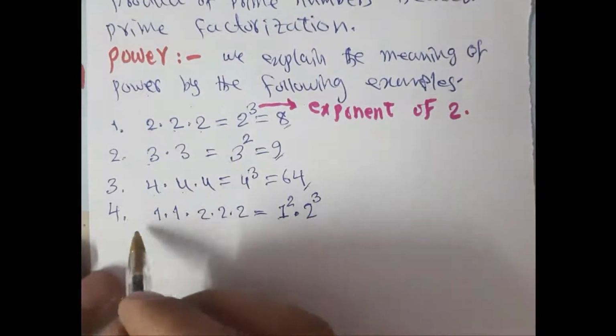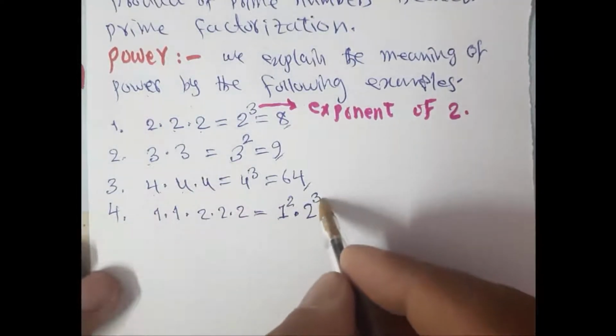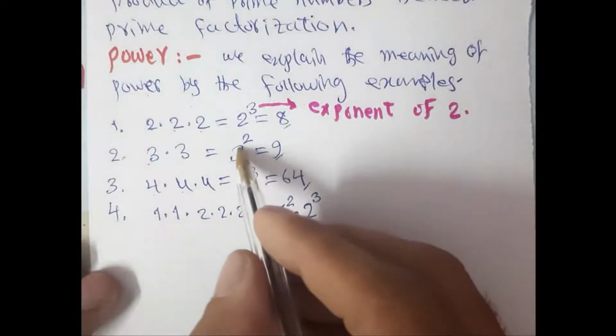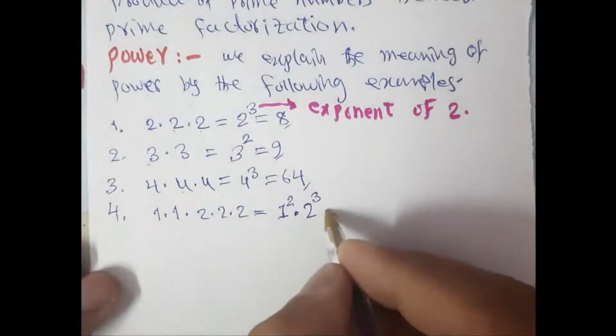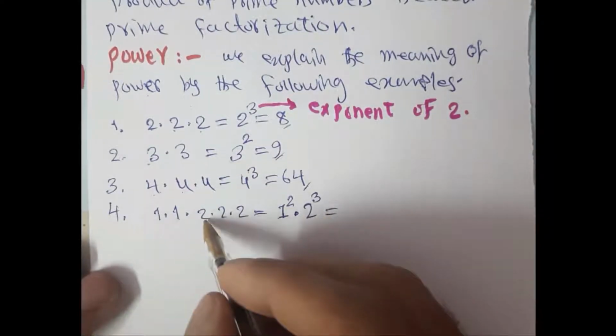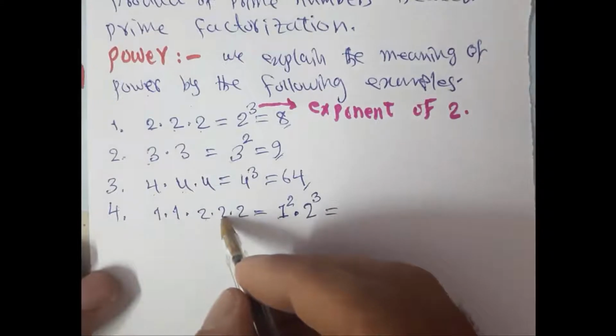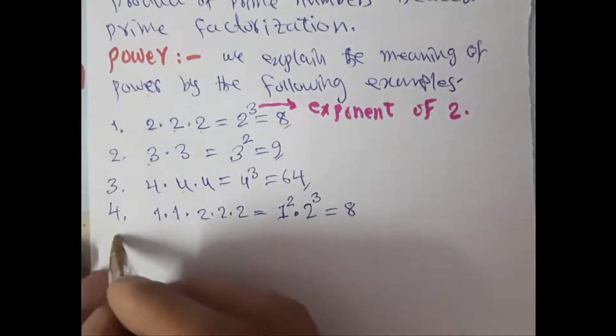It is the concept of power. Here 3 is the exponent, here 2 is the exponent, and here 3 is the exponent. It is equal to 1 times 1, 1; 1 times 2, 2; 2 times 2, 4; 4 times 2, 8.